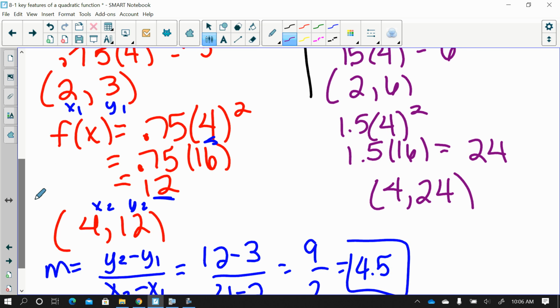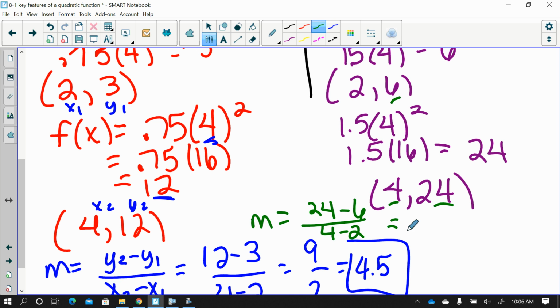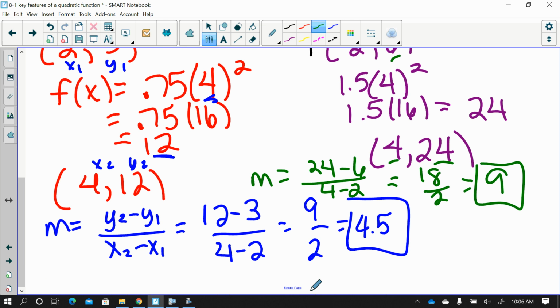And again, now we need to find slope. Okay, so m equals y2, so 24, minus y1, 6, over 4 minus 2. 24 minus 6 is 18, over 2 equals 9. So what can we say about these slopes?